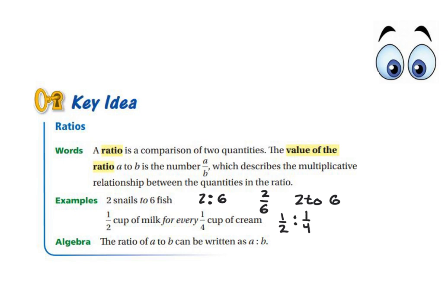We probably wouldn't write this as a complex fraction, but we could write it as 1/2 to 1/4. The ratio of A to B can be written as A colon B, just as I've showed, right here and right here.